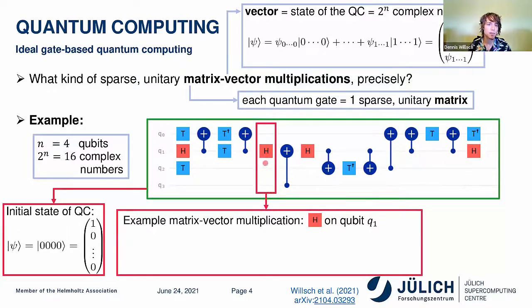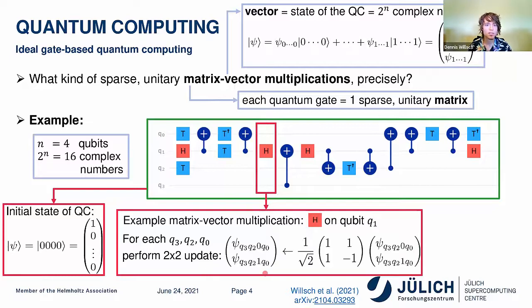This is a Hadamard gate, and what this means for all these complex numbers is the following. It's a Hadamard gate on qubit 1, so we have 0, 1, 2, 3, and it means that for all values of Q3, Q2, Q0, these are the indices into all these complex numbers, for all of these indices from 0 to 1, we perform this 2x2 matrix update.